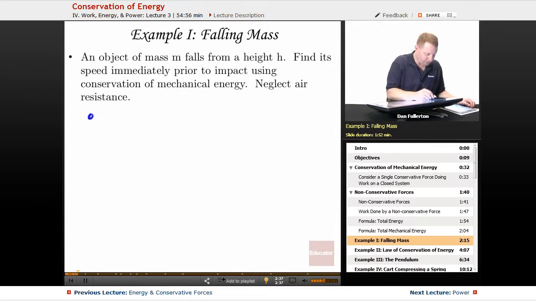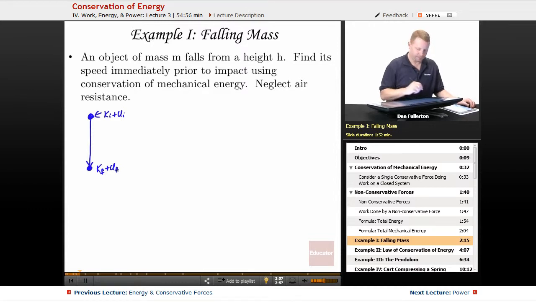All right, we have our object. It's going to fall some distance to a new position. Right there it has some kinetic plus potential energy, initial. Down here it has some final amounts of kinetic energy plus potential energy.